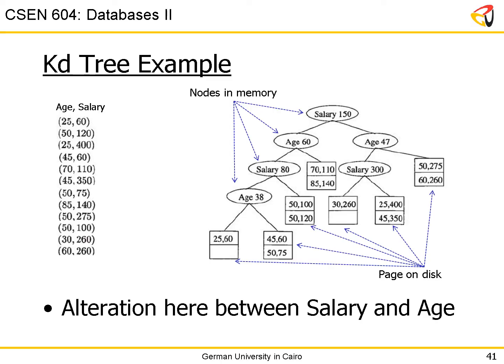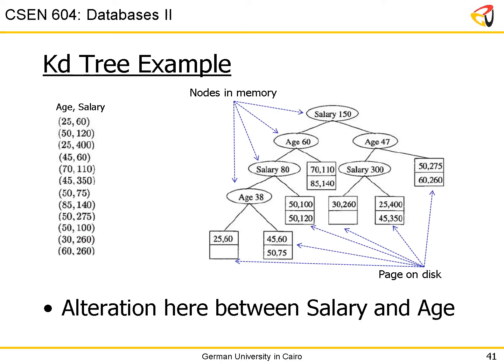Okay? So when I'm inserting any new row, basically, I need to know at every level which dimension I'm working with, and I decide to go left or right, comparing the entry in the row with the specific value that exists in the node in the tree.